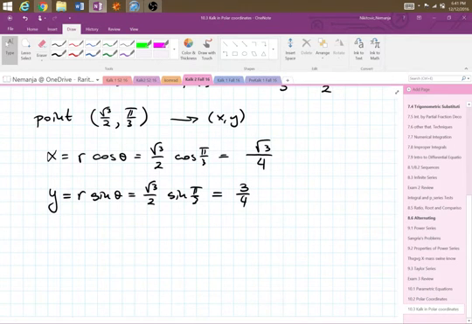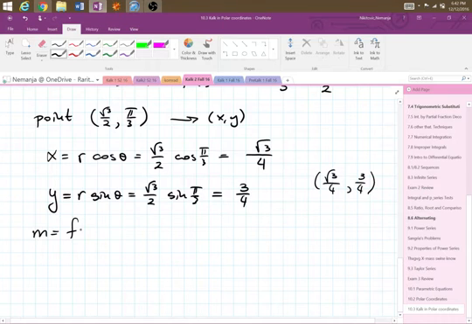So now I actually have that the xy point is root 3 over 4 and 3/4. So now I have to find m. So m is going to be the derivative computed at pi over 3.